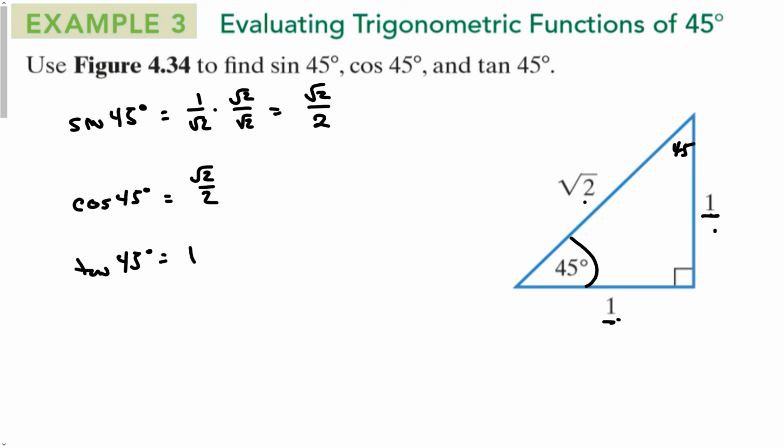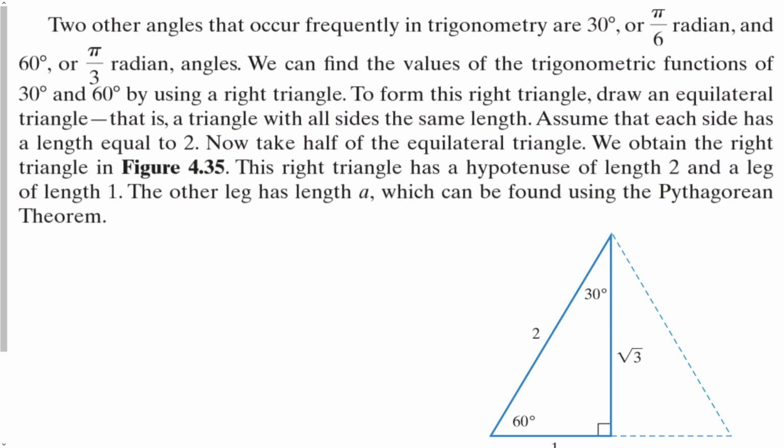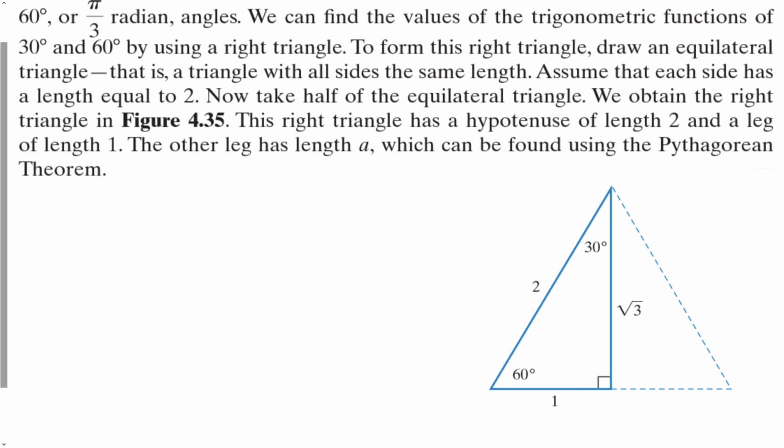There's one other special triangle that we like to talk about in geometry, and that's a 30, 60, 90 triangle. So 30 degrees, which is pi over 6 radians, and 60 degrees, which is pi over 3 radians. If I wanted to, again, I could make an equilateral triangle.